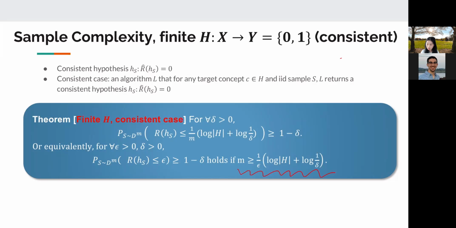But now it's conditioned on the assumption that the number of examples in that hypothesis is greater than or equal to 1 over epsilon times the logarithm of cardinality of H plus the logarithm of 1 over delta. So there are two equivalent ways of illustrating sample complexity and generalization error.